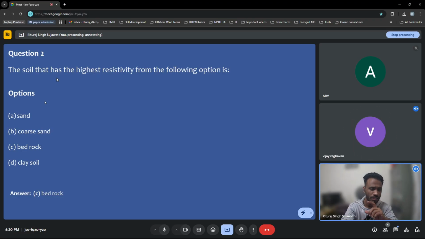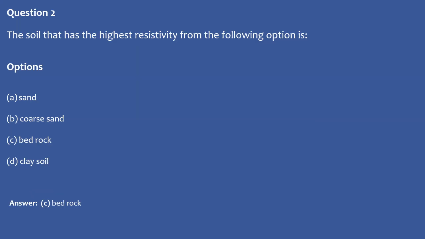That voltage difference will have a particular conductance, and that conductance is very low in the bedrock. Since the conductance is low, it will have the highest resistivity. So that's why it's bedrock.